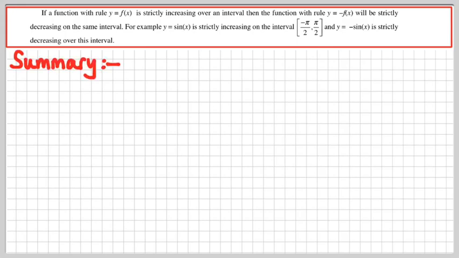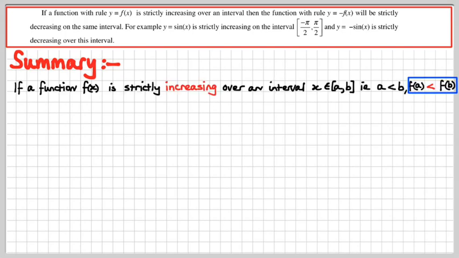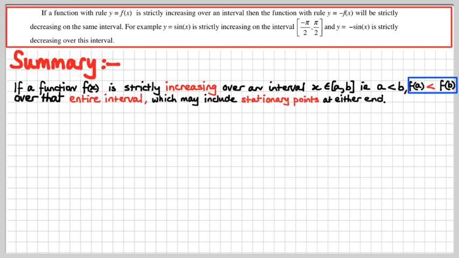Now here's a summary for us to try and get all this stuff into our heads. If a function f of x is strictly increasing over an interval, x goes from a to b, that is, a is less than b, of course, that's what that means, then f of a has to be less than f of b over that entire interval, which may include stationary points at either end, okay?